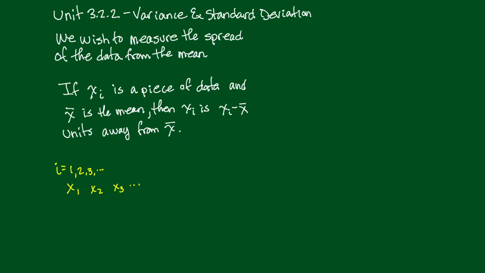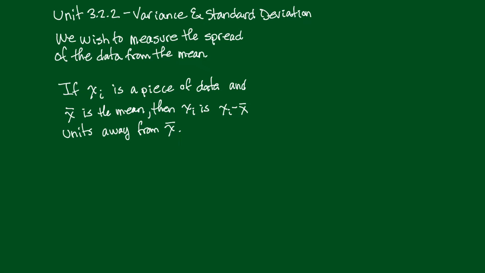That i is just a name for this piece of data. It could be the first piece, the second piece, the third piece. So when you say x sub i, you're just saying you've got some piece of data, the first, second, third, or whatever. Suppose that x sub i is a piece of data.